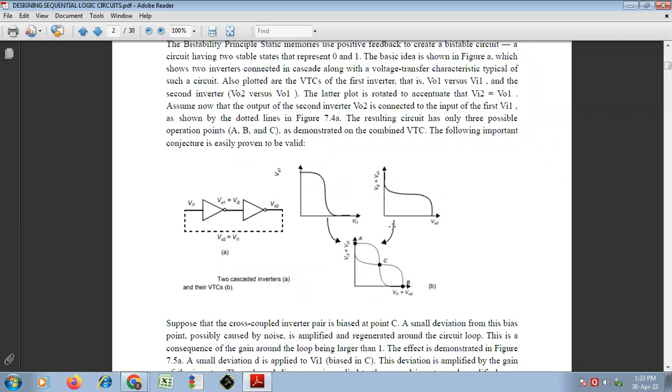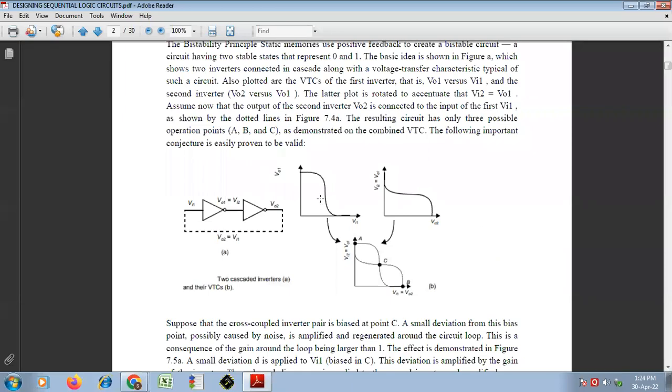In unit 1 only, I have explained these regions of operation. This is region 1, then region 2, region 3, region 4, and this is region 5. So a normal CMOS inverter has 5 different regions of operation in its VTC curve.